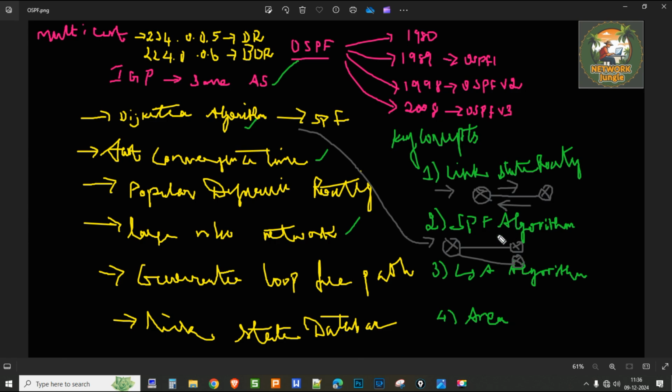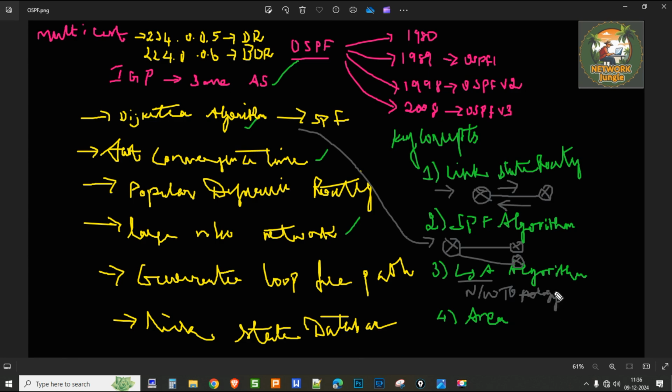Next one is the link state advertisement. It is used to distribute information about the network topology, that is, which networks are connected in hierarchy format: this is the parent, this is the child node, this is the grandchild node.